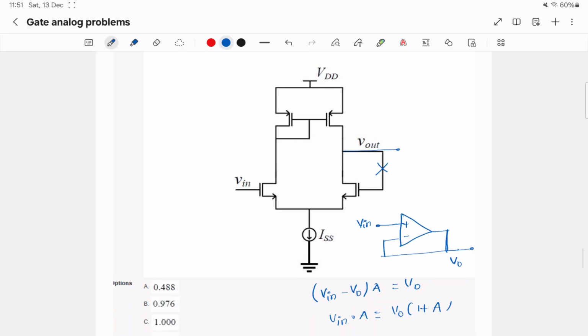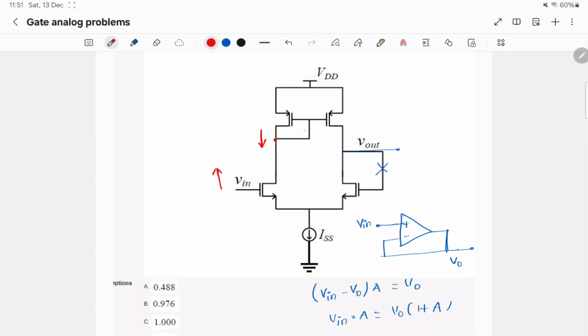First we'll determine signs of the terminals, whether this is positive or negative. We have to find out. To find this, I will increase this node potential. If this node potential goes up, this is a simple CS amplifier, so this node potential will go down.